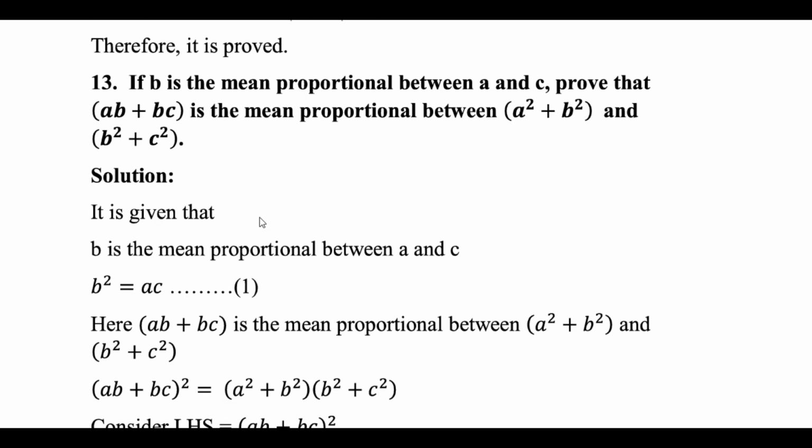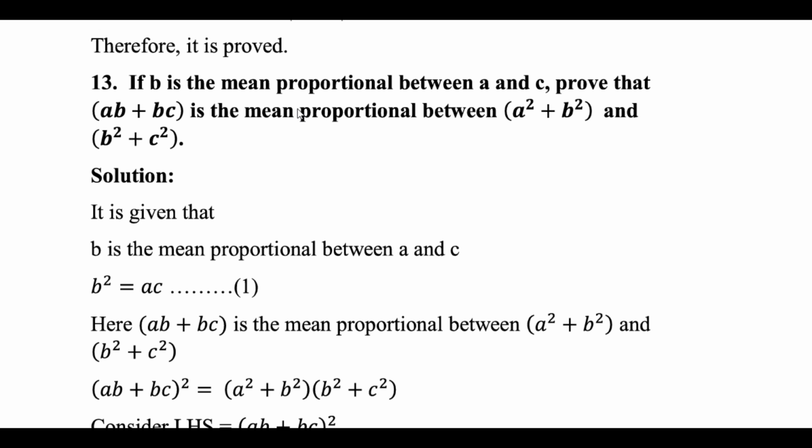Come to the next problem. If B is the mean proportional between A and C, prove that AB plus BC is the mean proportional between A square plus B square and B square plus C square.